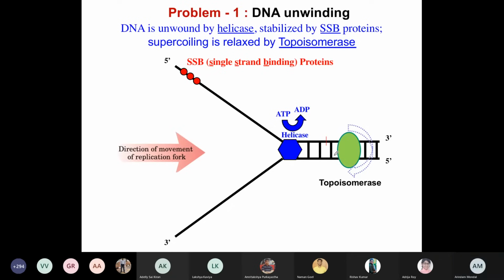Okay. So this is the initiation step of the DNA replication process. There are two enzymes. First of all, there is a helicase which unwinds the DNA, and then the topoisomerase which relaxes the supercoiling. Also, for all living organisms, DNA remains in a double-stranded form. Whenever it becomes single-stranded, there is a chance that it can get degraded by cellular enzymes. Why?